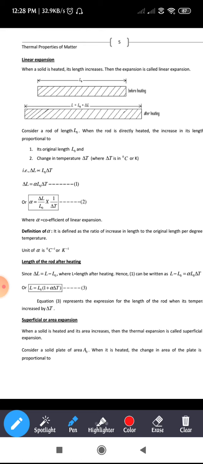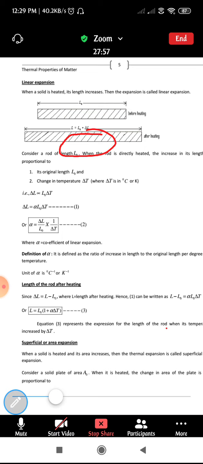The length of the solid increases, so the length after heating is L equals L naught plus delta L. L is the final length of the solid, L naught is the initial length, and delta L denotes the increase in length after heating.